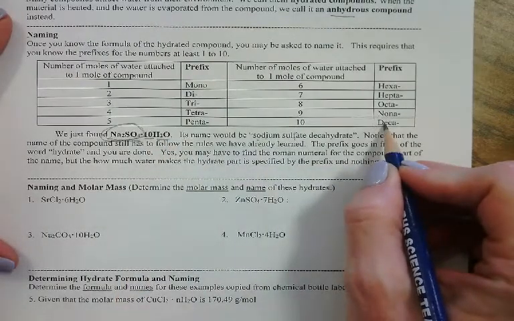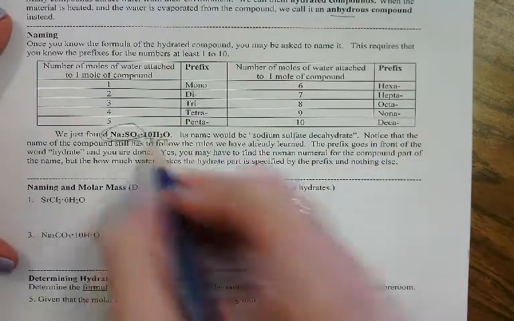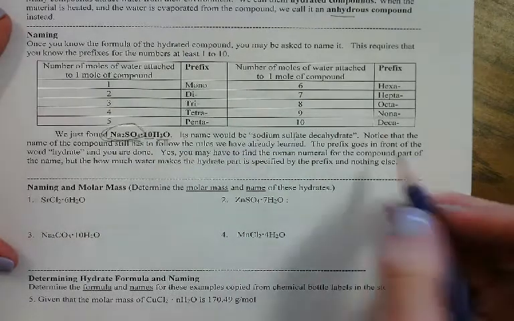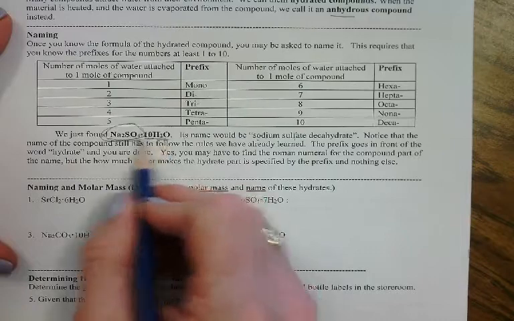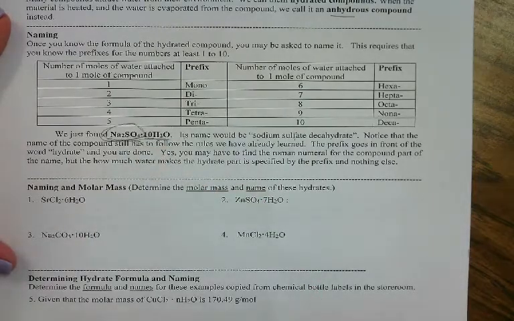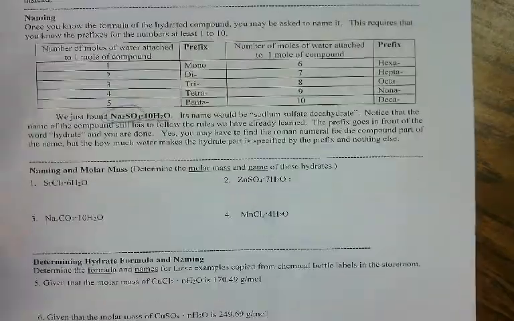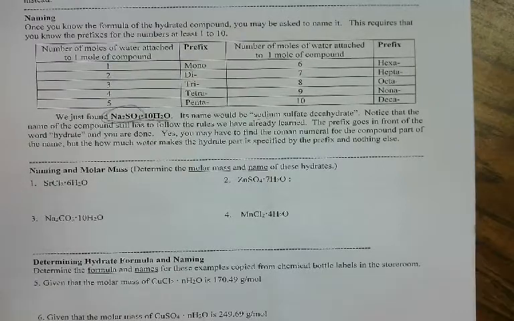Deca is the prefix for 10. So it's sodium sulfate decahydrate. The prefix will go in front of the word hydrate for the water. The naming rules for the ionic compounds will be exactly the same. If you have to find a Roman numeral, that's hard, but that's the way it is. Sometimes you have to do that.